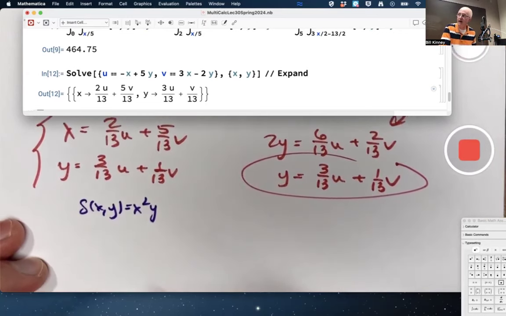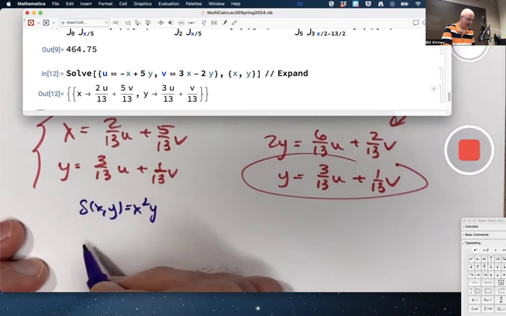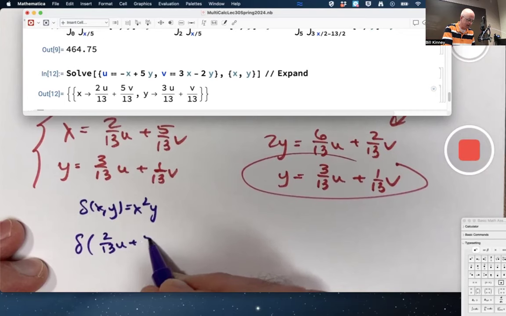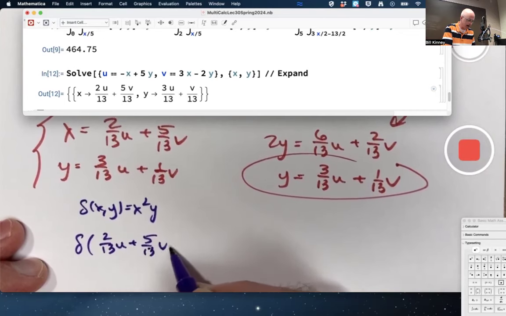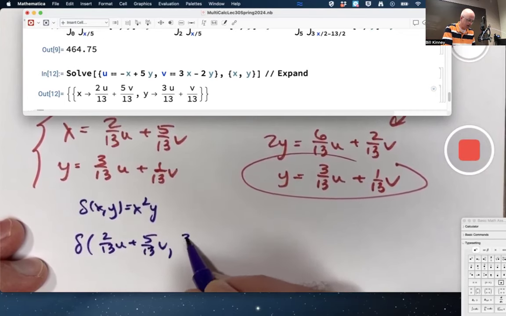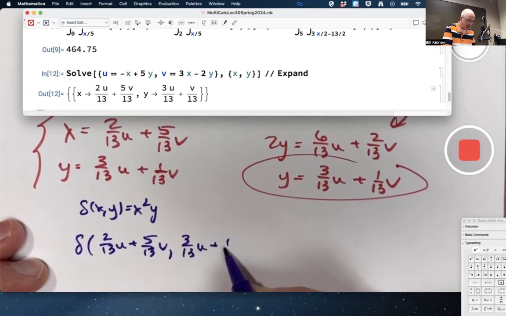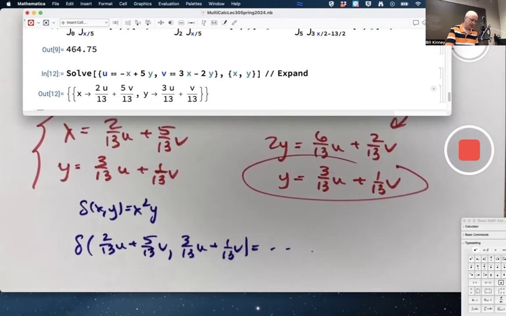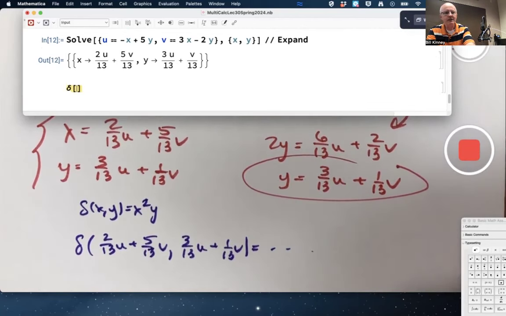In terms of these new variables u and v, replace x with 2/13 u plus 5/13 v, and replace y with 3/13 u plus 1/13 v, and simplify. And that's going to be a bit of a pain to do by hand, in part because you've got to square the x, and then you also have to multiply by y. Let's have Mathematica do it.